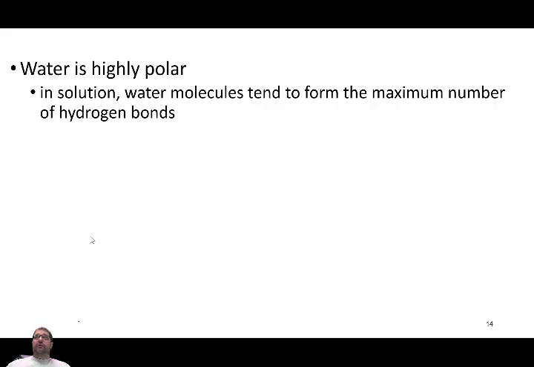So water is highly polar. We talked about this before. One of the other unique possibilities with water is that when water is in solution and it's coming in contact with other polar molecules, it will form the maximum number of hydrogen bonds possible.